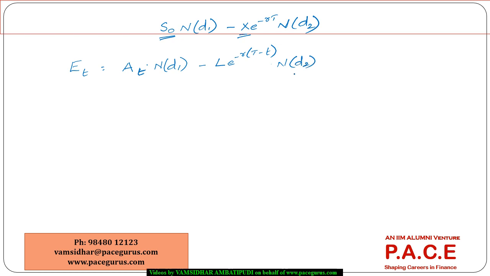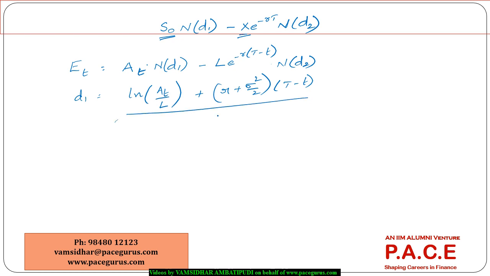Now we know d1 and d2. d1 is log of the spot price by the strike price, which means A_T by L, plus R plus sigma squared by 2 times (T minus t), divided by sigma root (T minus t).